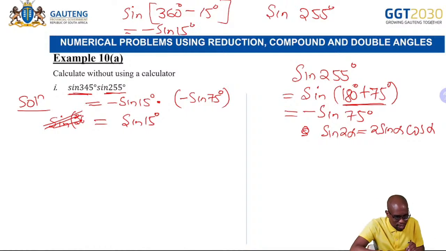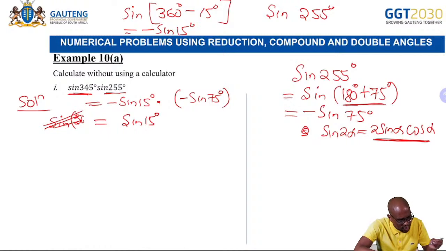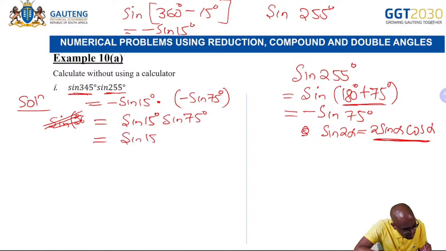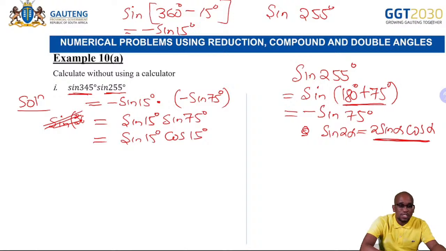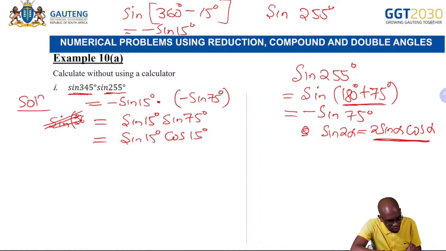And in order to make this look the same as that, we are going to express sine 75 as a cofunction. So this would be the cosine of 15, because sine 75 and cos 15 are equal. We wanted to express it in terms of cos so that it becomes a product of sine and cos.